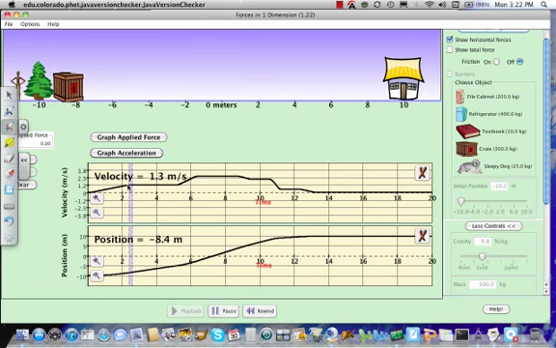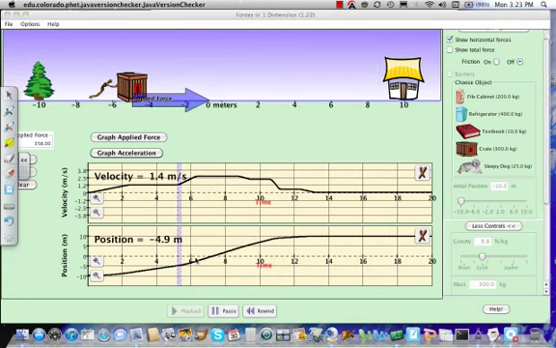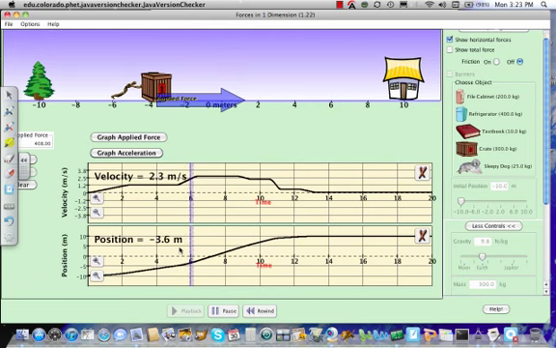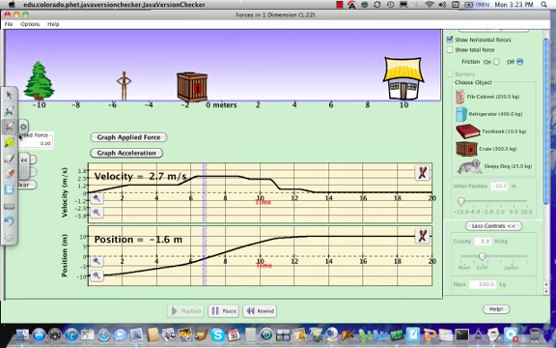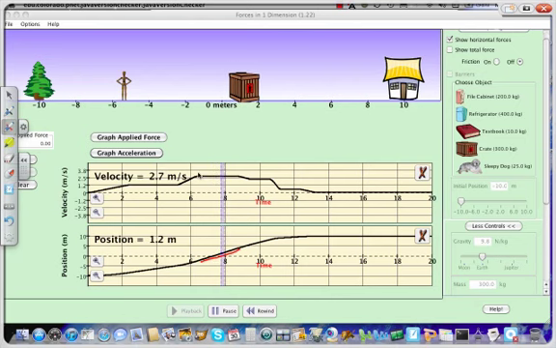And notice that the position graph was changing quadratically right around here. Then I'm pushing again, and right in this area, the position versus time graph is changing again. And now here it's constant because the velocity is not changing.